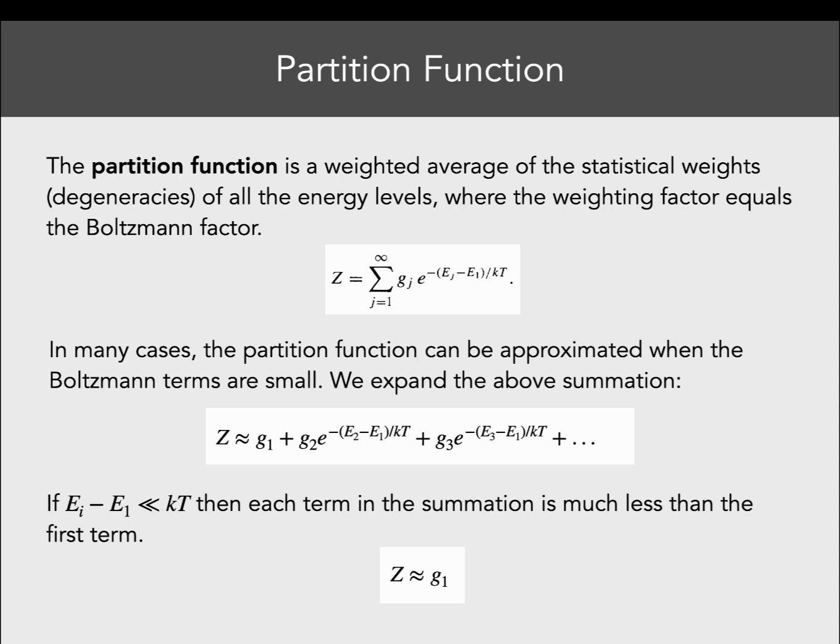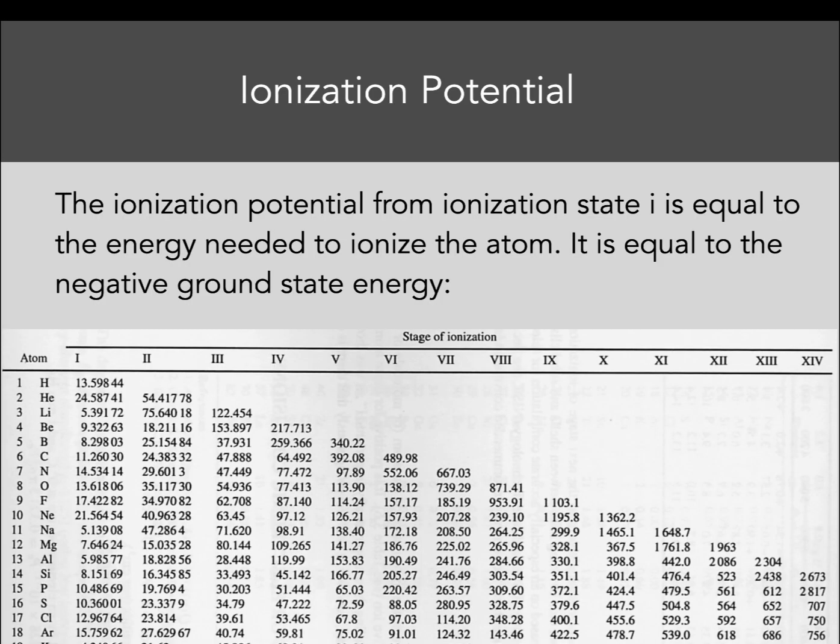So we're going to assume that all of these terms are negligible, and we're going to write that the partition function is just equal to the statistical weight of the ground state. So this is a much simpler expression than having to deal with this. Finally, ionization potential, we've talked about this before, so we'll need this when you're evaluating the Saha equation.